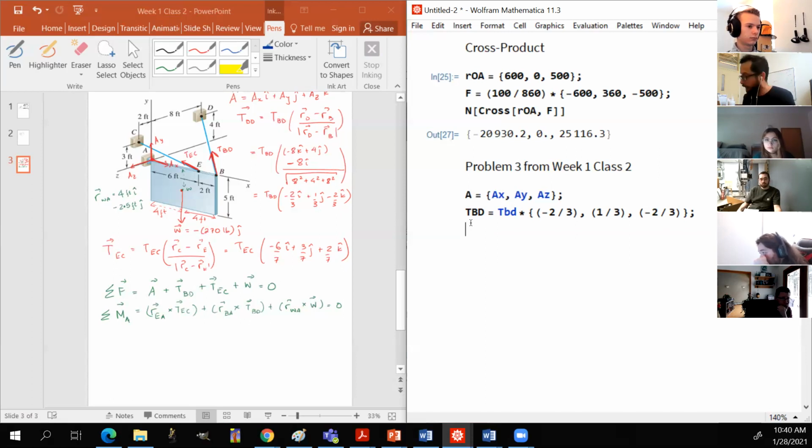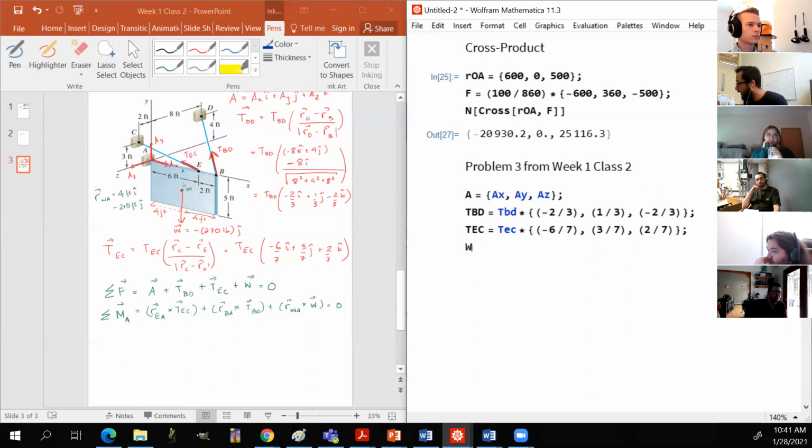Then you have TEC, which is equal to your scalar quantity TEC times minus 6/7, comma, my J hat is 3/7, and my K hat is 2/7. Whoops, I'm going to mess up. All right, there we go, like that.